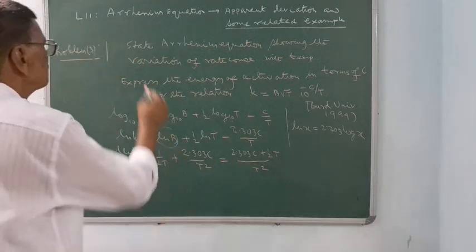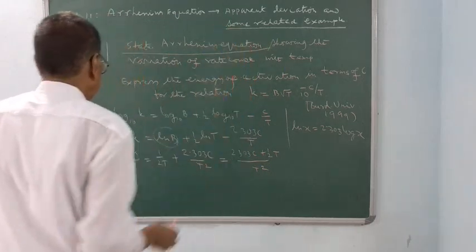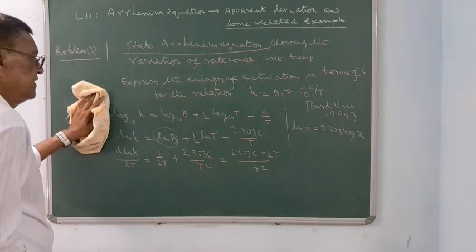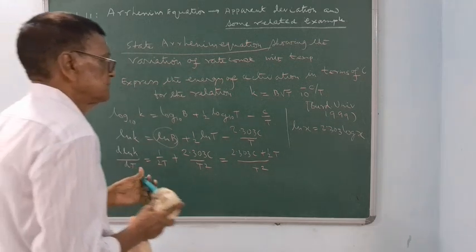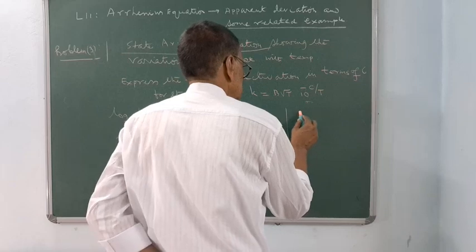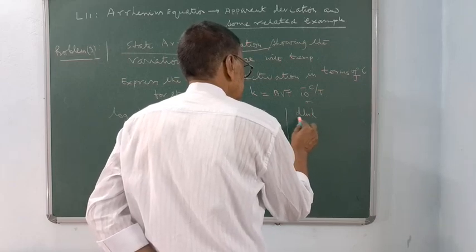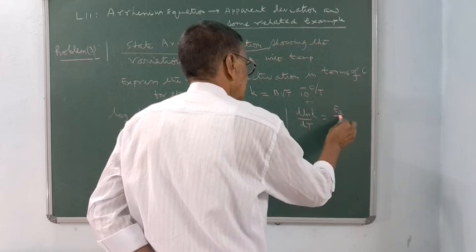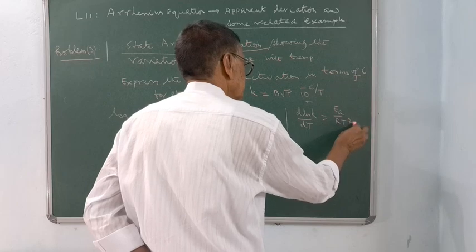If we now write the Arrhenius equation, d ln k by dT equal to Ea by R T square.